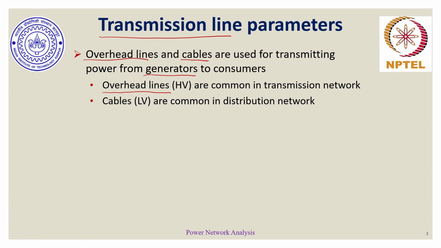The reason for scaling up the generated power to high voltages is to minimize the I square R loss, or the copper loss, in the conductor. By amplifying the voltage level at the same power requirement, less current needs to flow in the conductor, which minimizes the I square R component.